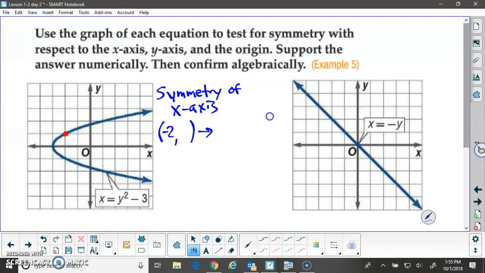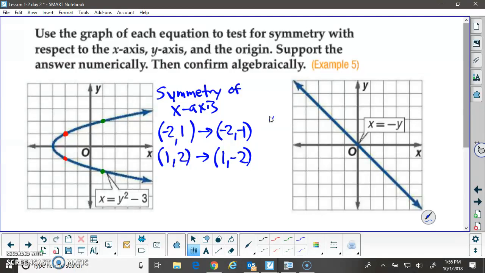If we have -2, 1, we should also have the coordinate point -2, -1. And it does have both of those points. Another coordinate point I'm going to select is going to be 1, 2. And if it has 1, 2, it should also have 1, -2. And it has both of those coordinate points right here. There's 1, 2. Here's 1, -2. So that confirms it numerically, or supports it numerically.